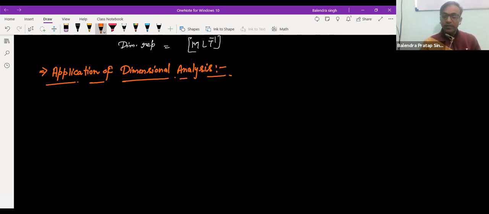So there are basically three major applications of dimensional analysis. The first application of dimensional analysis is to convert a physical quantity to some other units.